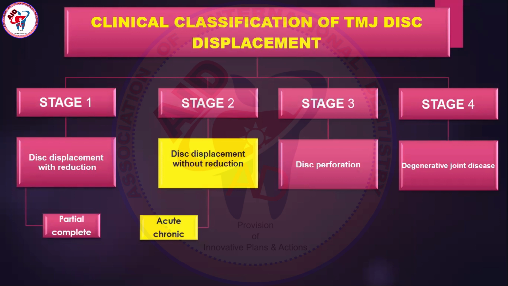In the partial, when there was disc displacement with reduction, the disc came anteriorly and then came back. But in the complete, the whole thing had gone to the medial side. Now in stage 2, disc displacement without reduction, the disc is not coming back. It remains anteriorly. It may be acute and it may be chronic.